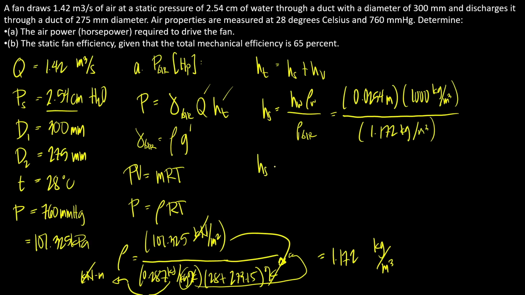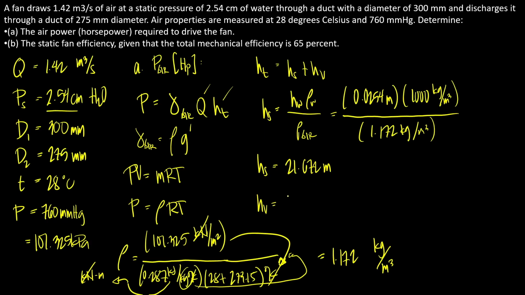We have HS equal to 0.0254 times 1000 over 1.172, which is 21.672 meters.